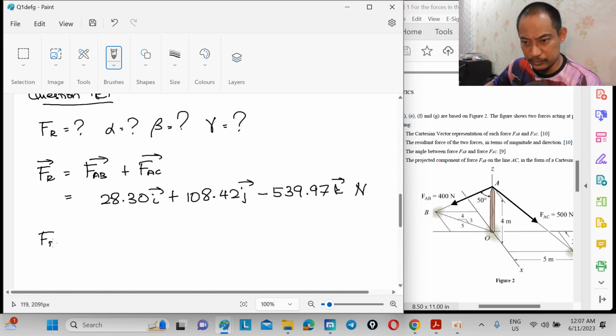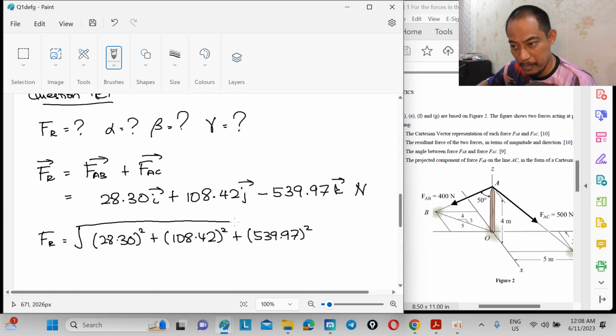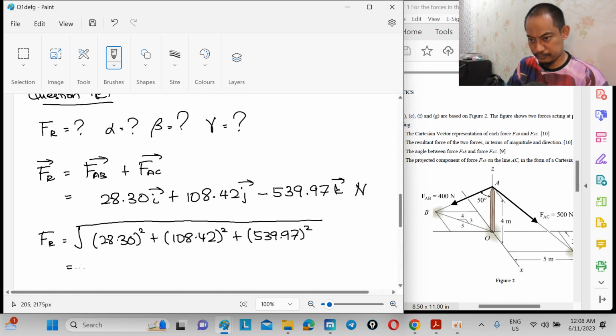So the FR magnitude will be the square root of 28.30 squared plus 108.42 squared plus 539.97 squared.